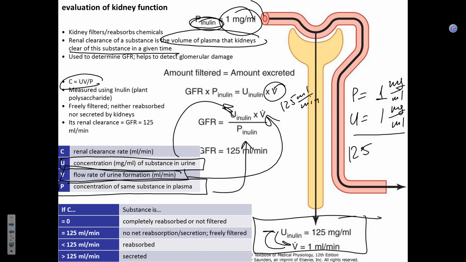It's freely filtered, meaning that all creatinine that is in your plasma will end up in the filtrate. That makes sense? Do you understand what I'm saying? So for the substance that is freely filtered, the renal clearance is equivalent to GFR. I'm going to let it sink for a second.